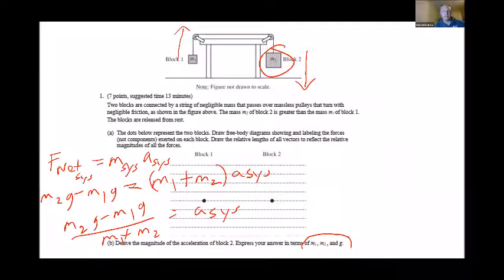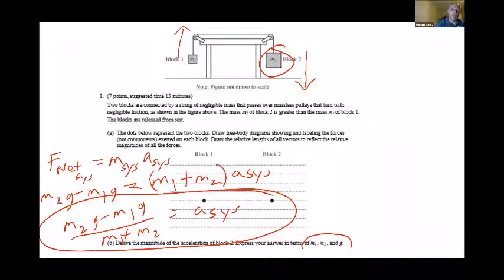Now notice it asks for the acceleration of block 2. What do we know about the acceleration of block 1 and block 2 in this setup? They're the same, right? So this answer works. You could have factored this out a little bit. You could have factored out a G up here if you wanted to do that.